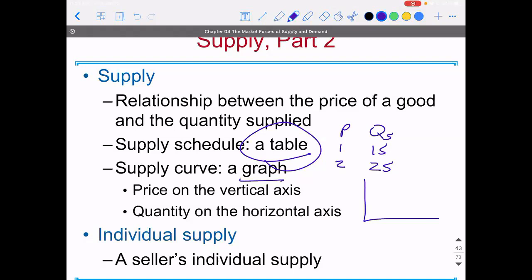That's the most classic example here, where when the price is 1, quantity is 15. When the price is 2, quantity is 25. And you can add up the individual supply curves to equal a total market supply curve.